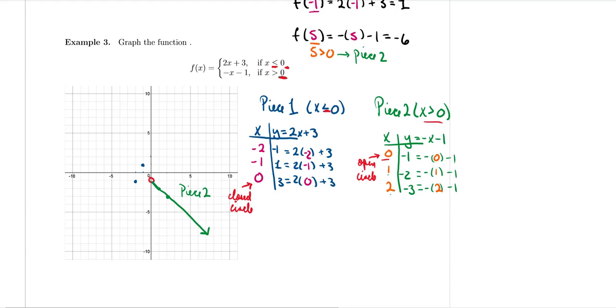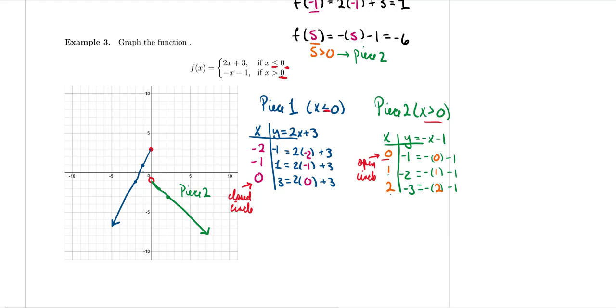I think I made a mistake here. 3, 1, -1. Oh yeah, I missed the mark. 0, 3. There we go. Now, again, the 0 was a closed circle, so I'll just emphasize it here. Closed circle, there we go. And we just now finish the line here.